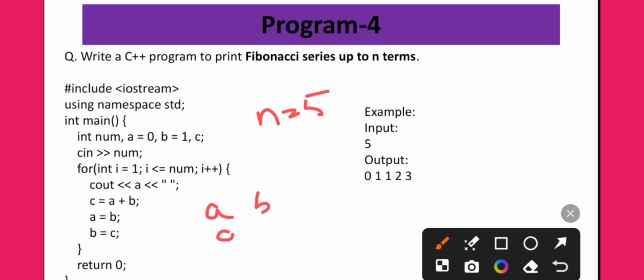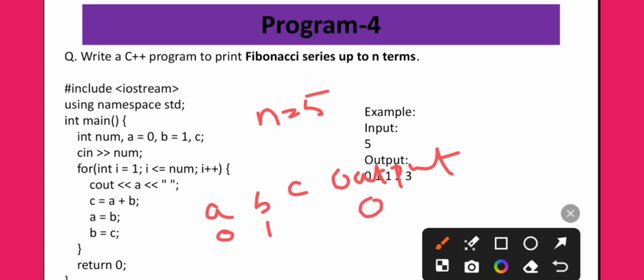Initially a was 0 and b was 1, and we can run c and have the output. Initially we had c is equal to 0. We had a is equal to 0, so we will have the output 0.